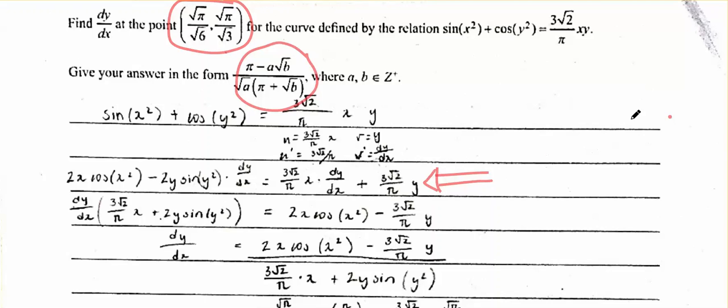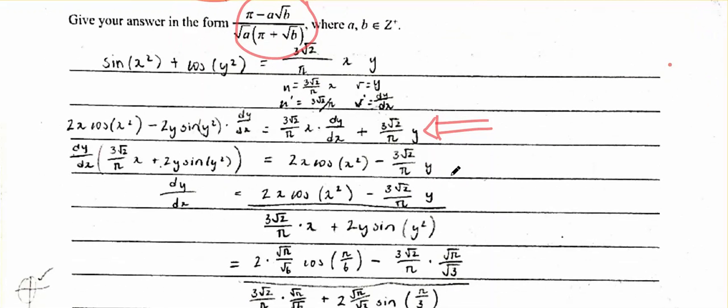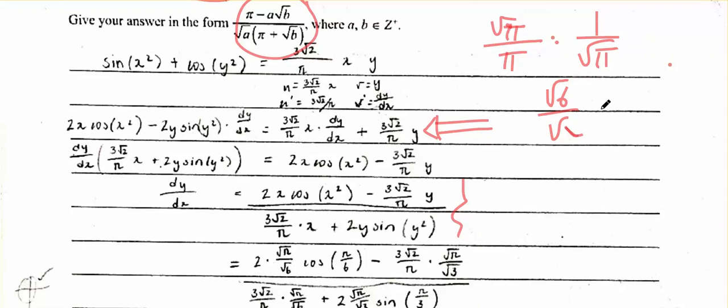The reason I do that is that you're doing a fair bit of work rearranging for dy/dx, and sometimes the substitutions may not work. The second thing is things like the square root of pi over pi is equal to 1 on root pi. And things like root 6 on root 2 is the same as root 3.